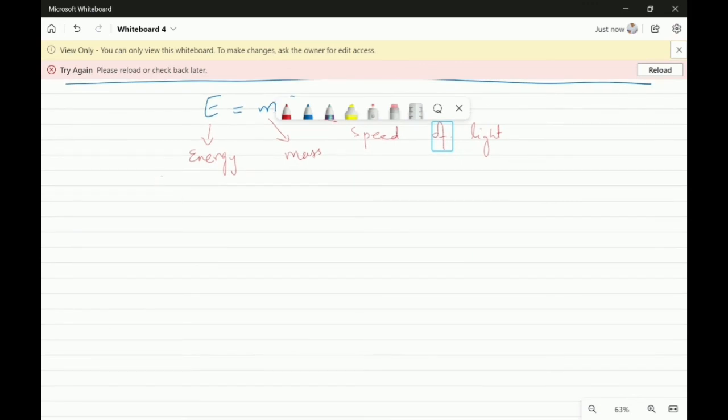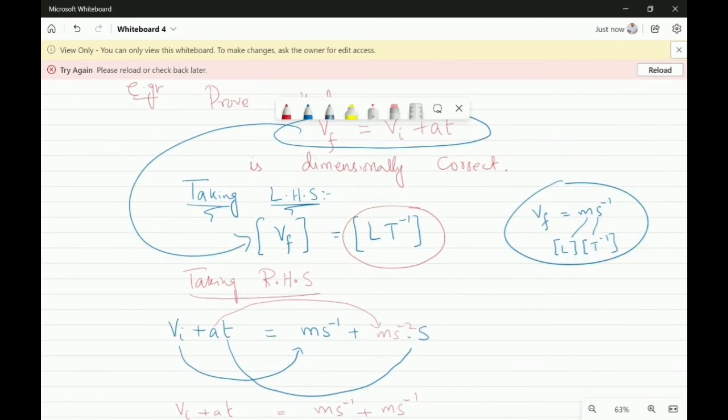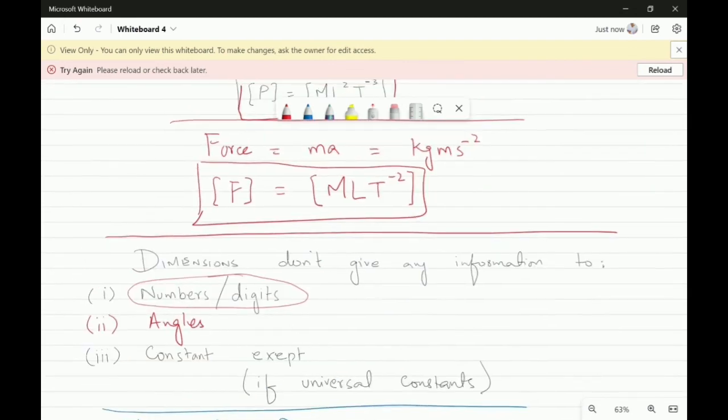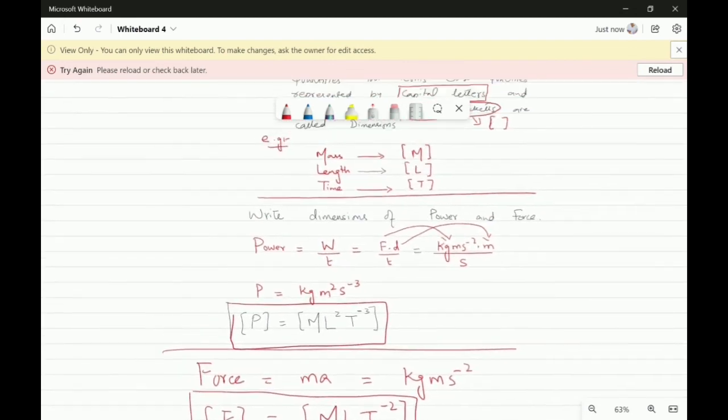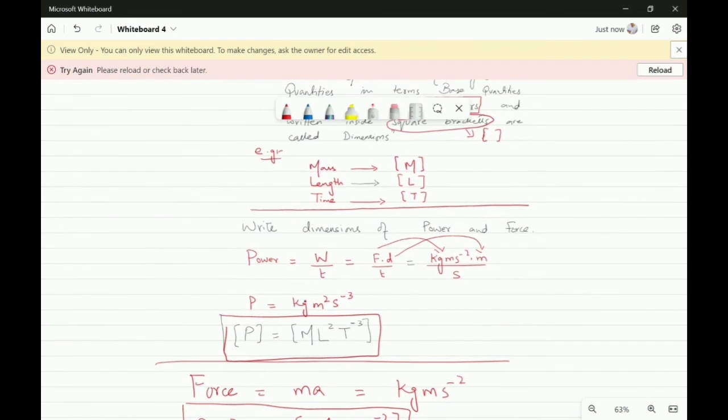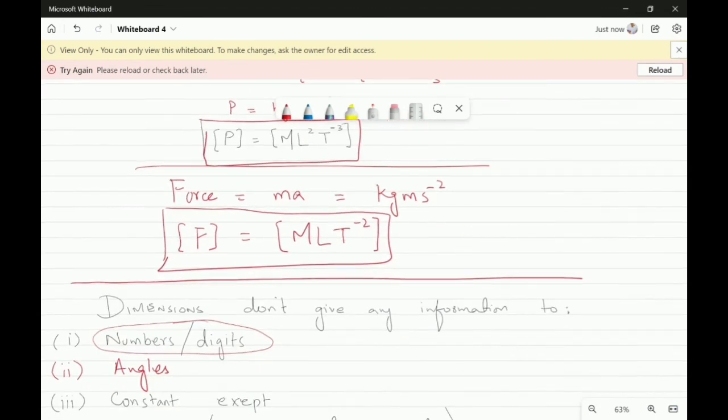So writing dimensions directly. Energy and work done possess the same dimensions, and we already did the dimensions for work. If you still remember, these are the dimensions for work: F dot D, kilogram meter square per second square.